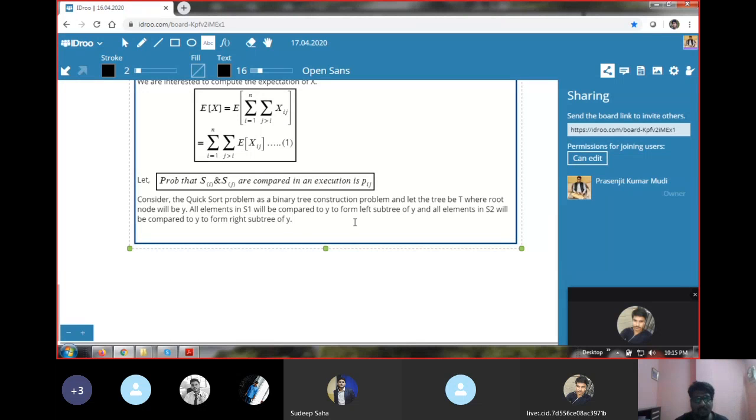So all elements in the left subtree are less than Y and the right subtree greater than Y.